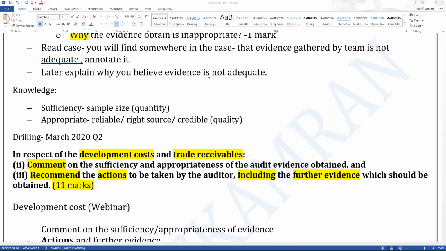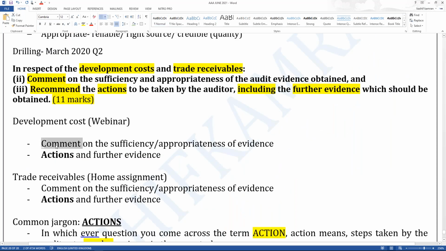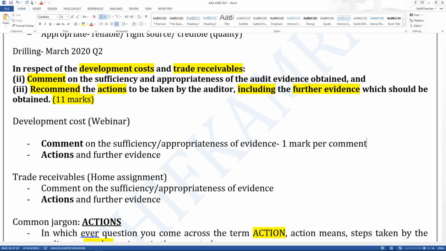So I have 11 marks. Everything I write is worth 1 mark. Every comment is worth 1 mark. I hope you all agree with me. 1 mark per comment, every action I write is 1 mark per action, plus every evidence I write is 1 mark per evidence. So how many total points should I have? 11.